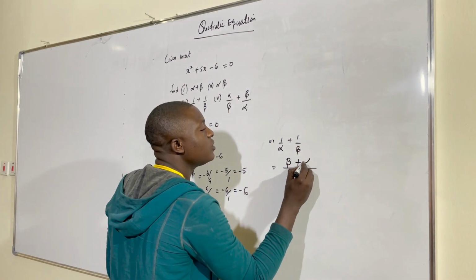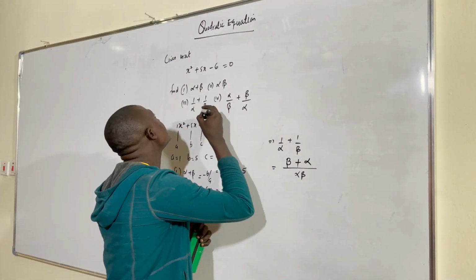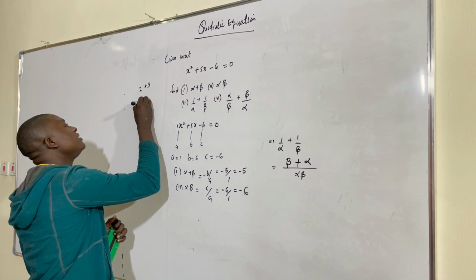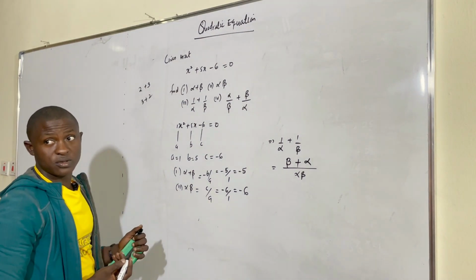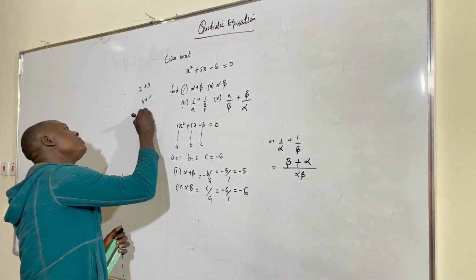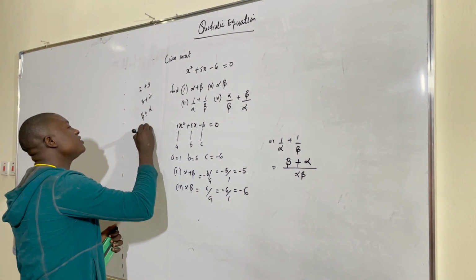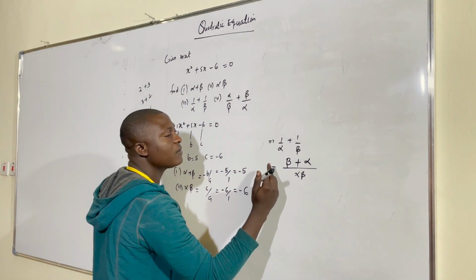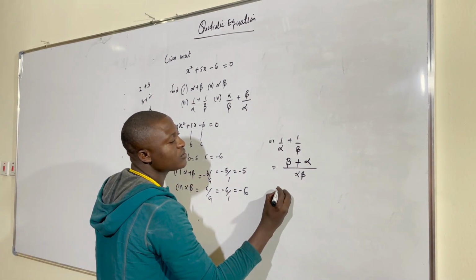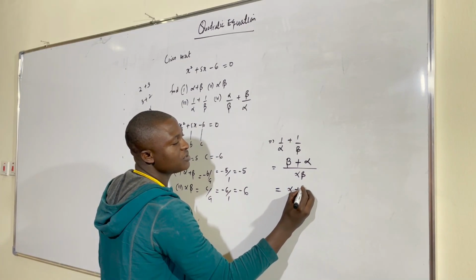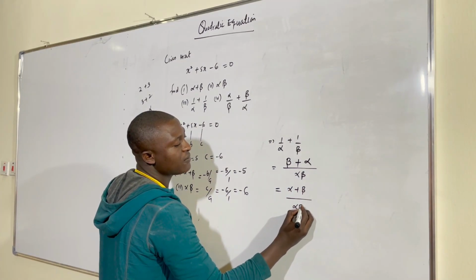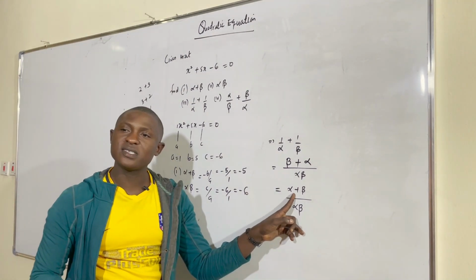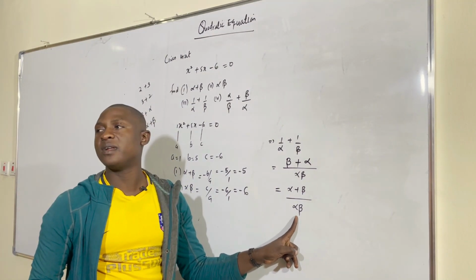So alpha times 1 and we have alpha. If I have 2 plus 3, of course, it's the same thing as 3 plus 2. Nothing different, right? So if I have beta plus alpha, it's also the same thing as alpha plus beta. So here, I can just write it as alpha plus beta divided by alpha beta. You can see that we have a formula for this as well.